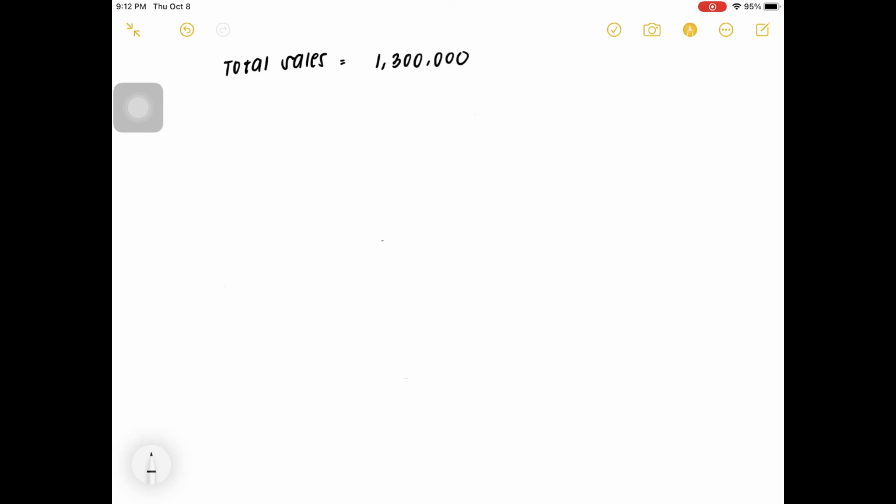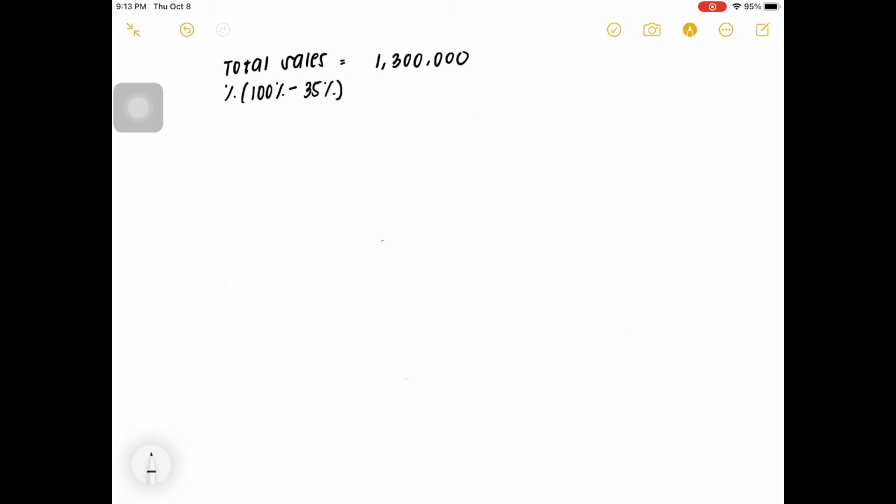And then we're going to multiply the difference between 100% and the contribution margin ratio, which is 35%.